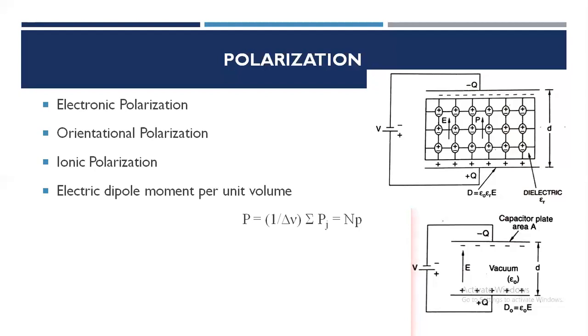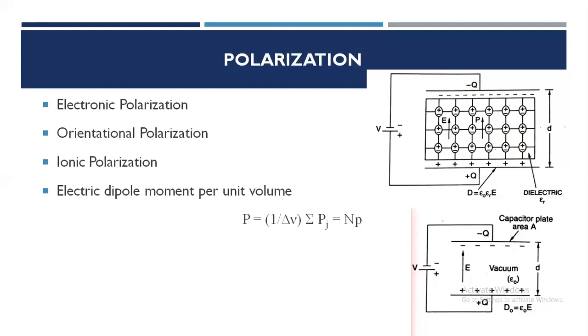Capital N is the number of molecules per unit volume, and small p indicates the dipole moment, where p is the average dipole moment. The unit of capital P is coulomb per square meter.